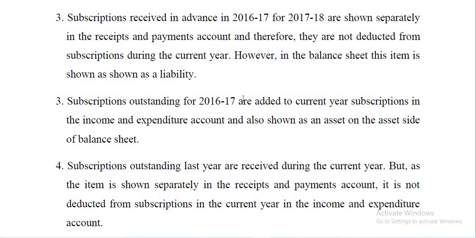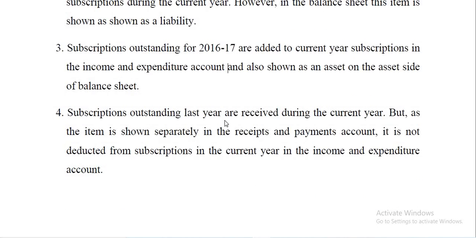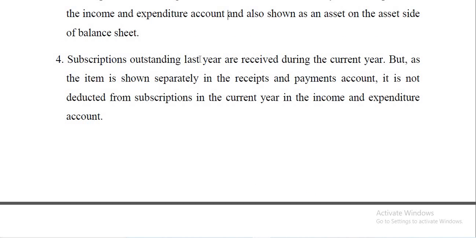Subscription outstanding for 16-17 are added to current year subscriptions in the income and expenditure account and also shown as an asset on the asset side of the balance sheet. Subscription outstanding last year are received during the current year, but as the item is shown separately in the receipts and payments account, it is not deducted from subscriptions in the current year in the income and expenditure account.